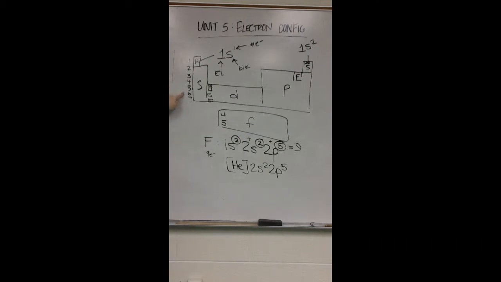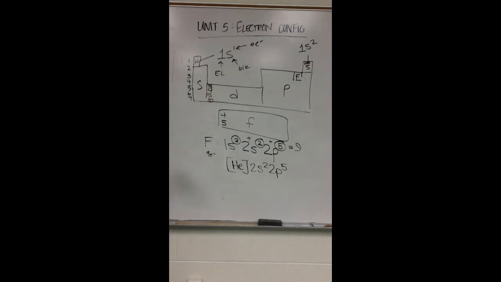It's 6s, 2 back to 4f, and then 1 back to 5d. The P follows the same energy levels as S, so after my 5d, I'd go back to 6p. Hopefully you have some kind of labeled periodic table that will help you remember this. I wouldn't be too worried about the F, I would worry about the D's.